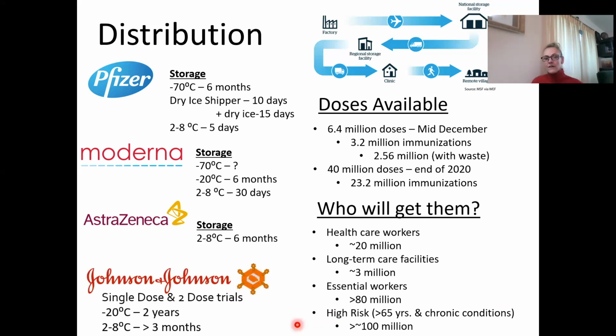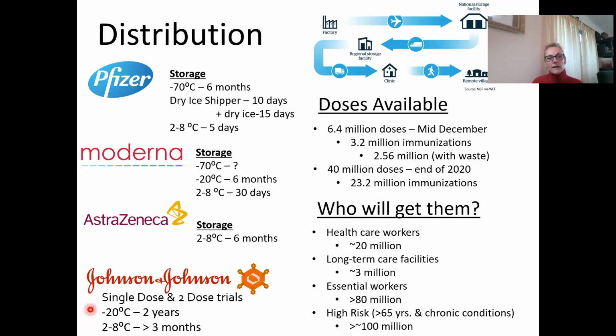One of those, there are others, but one of those is one by Johnson & Johnson, which is also a viral vector, but not a chimpanzee vector. It's actually a human common cold virus. They currently have trials of single dose and 2-dose trials. So importantly, if that single dose vaccination turns out to be effective, even if it's 50% effective, it could make a significant dent in curbing the pandemic.